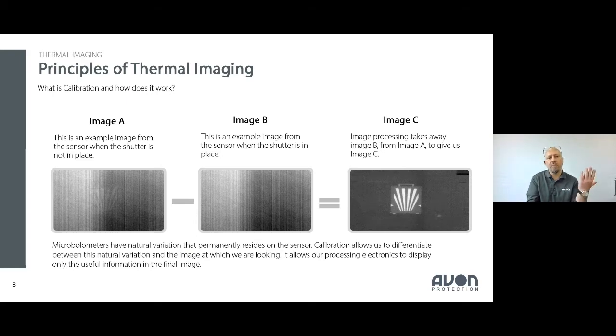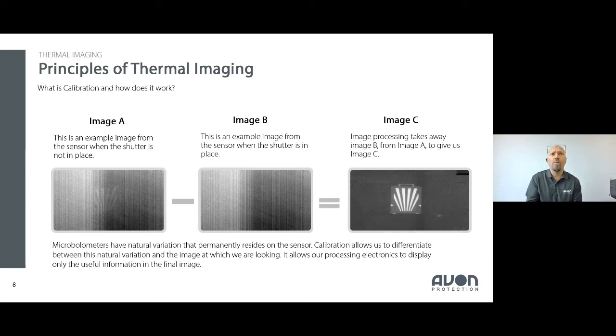The shutter comes in front of the lens, in front of the sensor, and it's a piece of metal that the image is just taken of. And you end up with the picture of the sensor, the granularity of the sensor. When you remove the shutter and take a picture, you get image A. So image A is whatever's in the scene plus the granularity of the sensor.